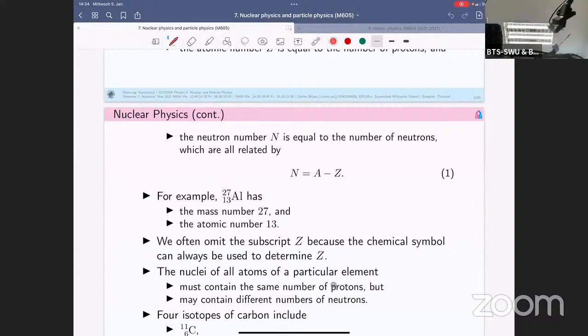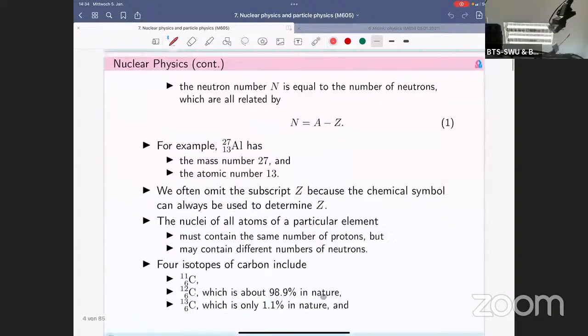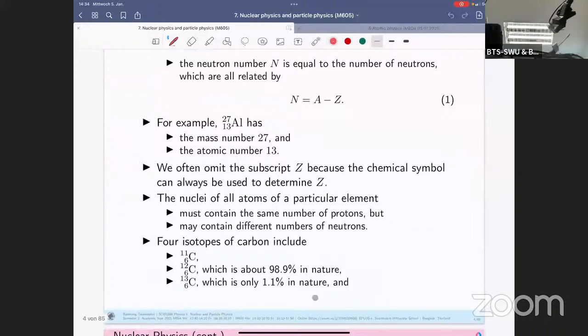For different isotopes of carbon, we have carbon 11. Carbon has 6 protons, so the number of neutrons will be 5, because 11 minus 6 is equal to 5.